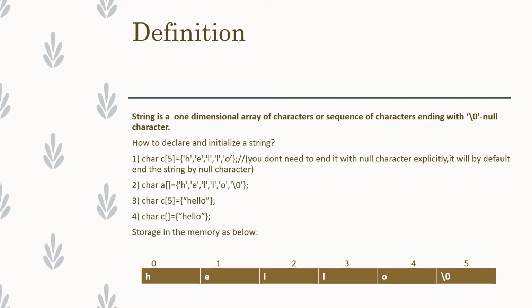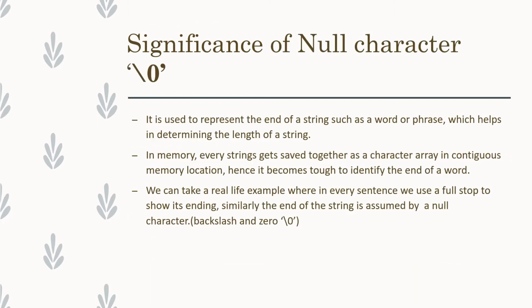Now your next concept is the significance of the null character. As we have seen, all the strings in C programming end with a null character. Why do we need to end it with a null character? Simply, we can take the real life example that in every sentence we use a full stop to show its ending, right?